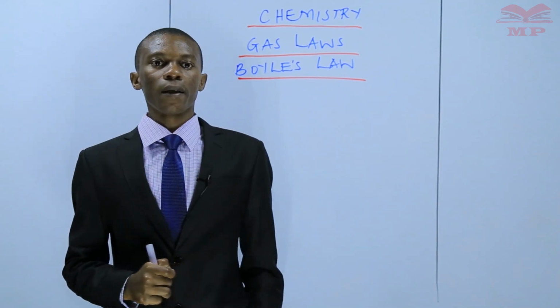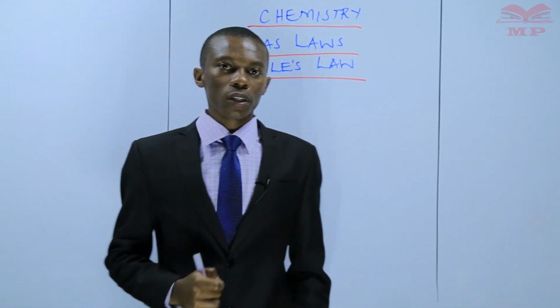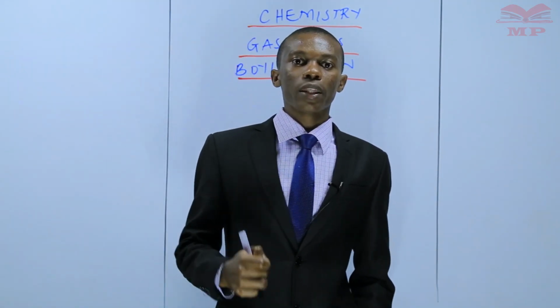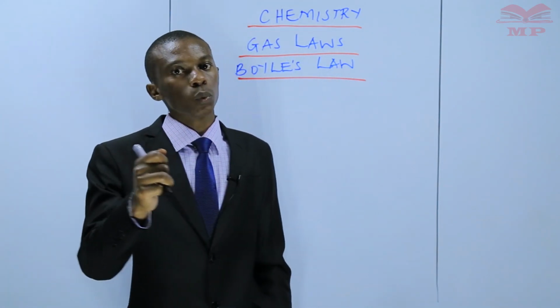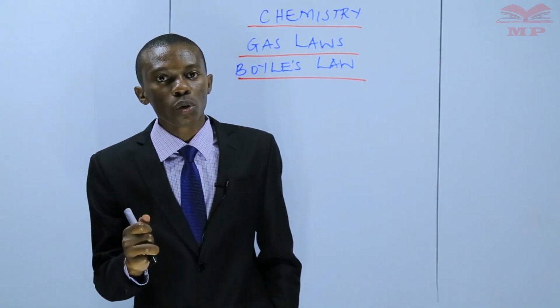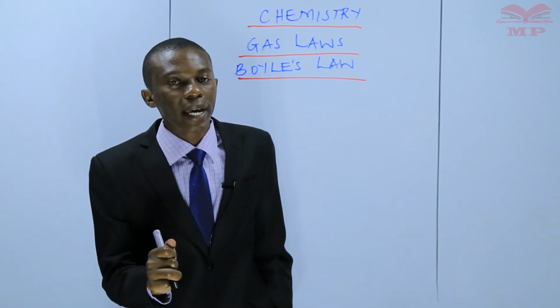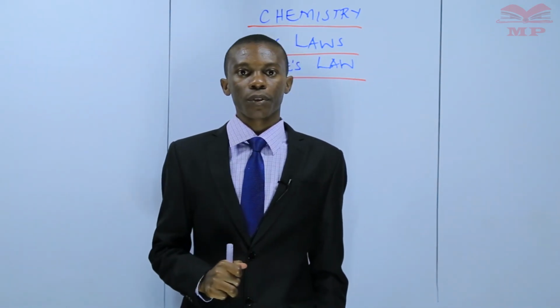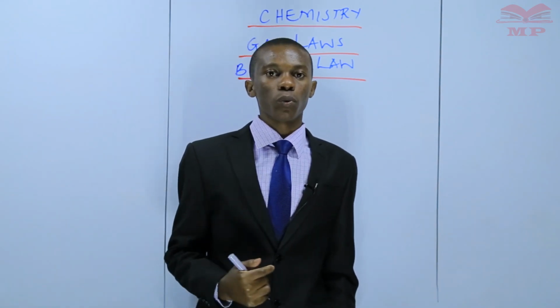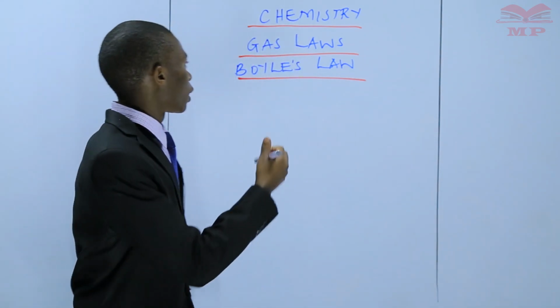In today's lesson, we will start with Boyle's law, because we talked about the four laws, which were Boyle's law, Charles' law, combined gas law, and Graham's law of diffusion. So we start with the first law, which is Boyle's law.